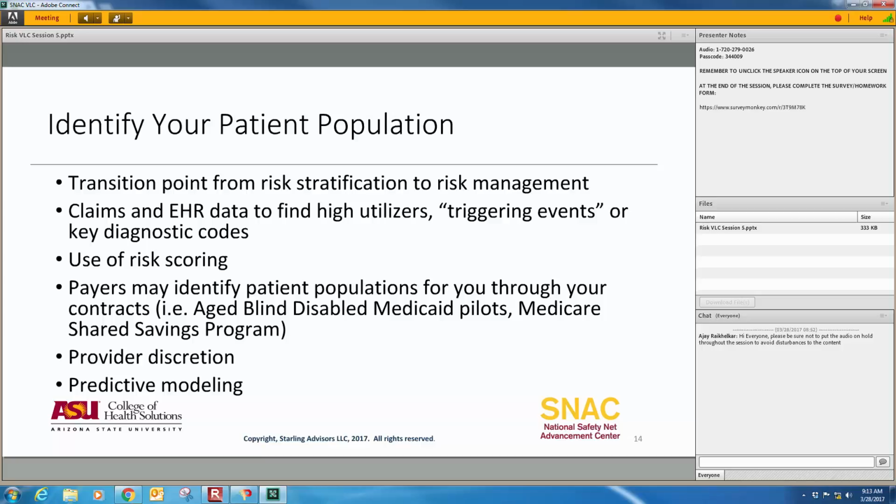And when we talk about identifying your patient population here, we're really talking about moving from, now you've identified them, and now we have to get them into these risk management arrangements. And so this is really around a transition for that.